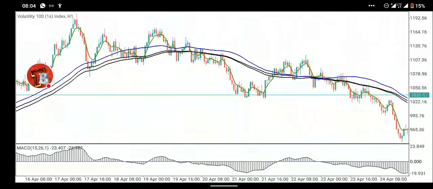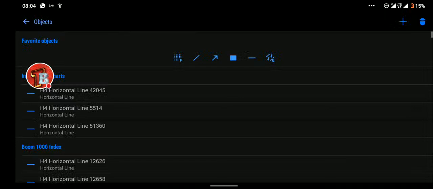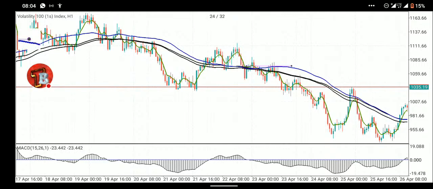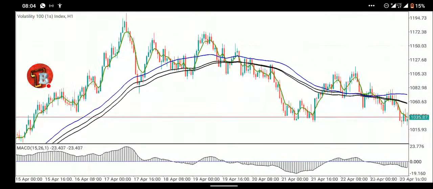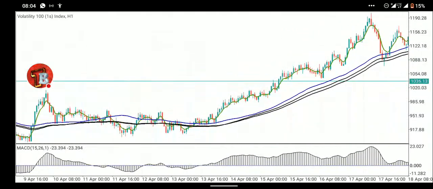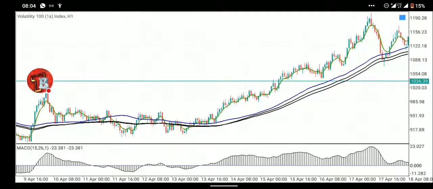So all these ones are false signals. If you watch very well right here, it's a false signal. You don't have to trade. Then when you come down right here, see this one too, a very good market.